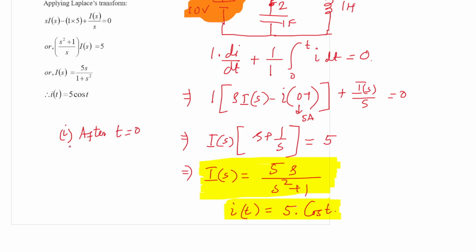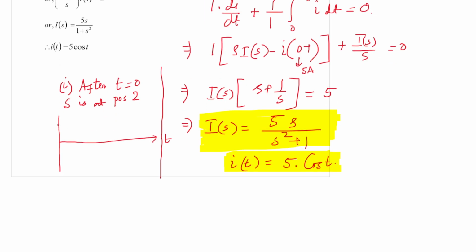That means when switch is at position 2, then what will be the response of the current? So it will simply follow a cosine curve as derived in this fashion. So i(t) becomes 5 into cos t. So it should follow this cosine curve like this. It should be plus 5 and it should be minus 5. This is the number one observation.